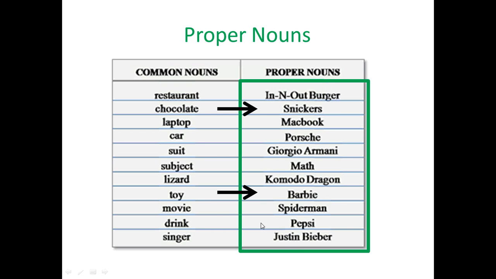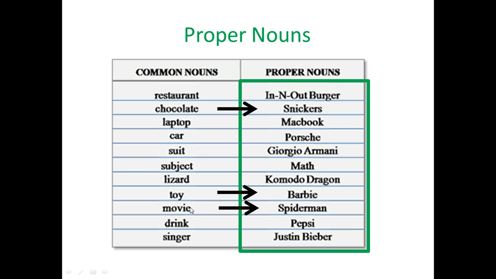Look at the example, toy. Toy is a noun, but a specific or important name of a toy would be Barbie, and we capitalize Barbie because it gives a name to a kind of noun. How about movie?